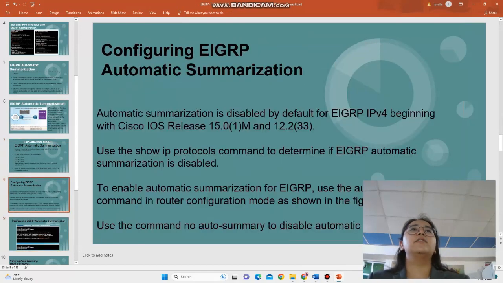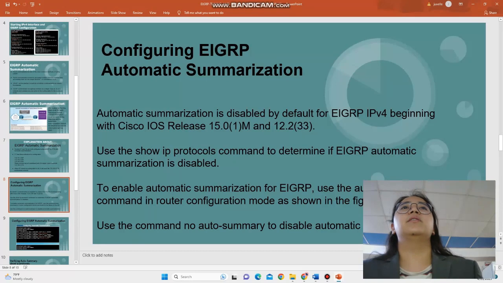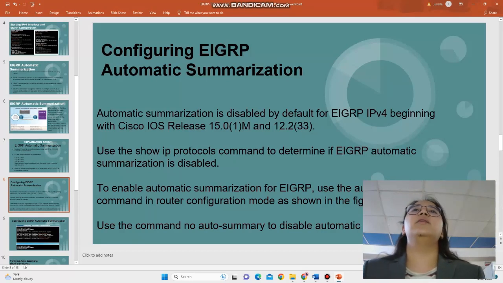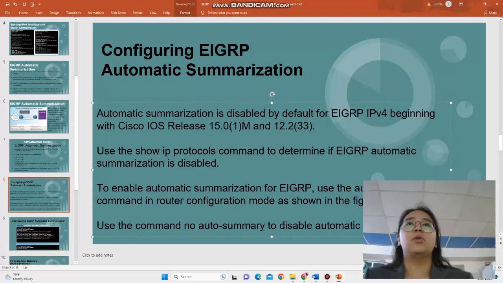So, this one is configuring EIGRP automatic summarization. Automatic summarization is disabled by default for EIGRP for IPv4 beginning with Cisco IOS release 15.0(1)M and 12.2(33). So, use the show ip protocols command to determine if EIGRP automatic summarization is disabled.